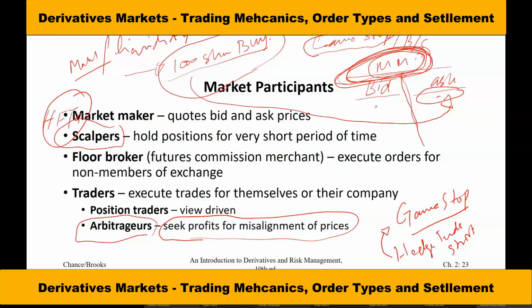So arbitrageurs take advantage of the misalignment of prices. What does that mean? They take zero risk, they make zero investment, and they earn positive returns. Those are the three conditions. The position traders are not arbitrageurs. Why?